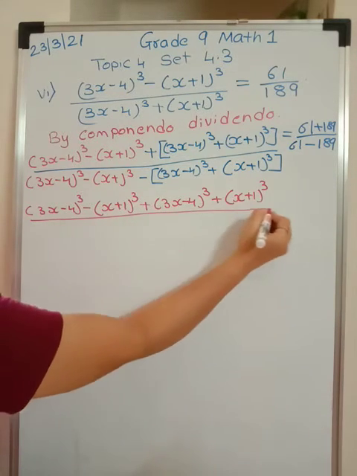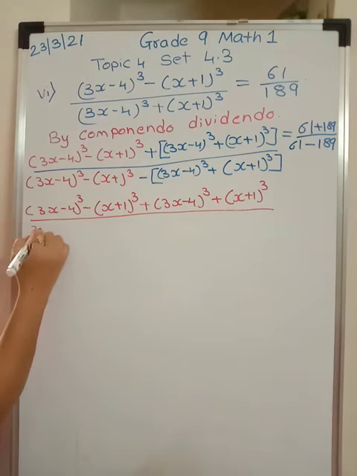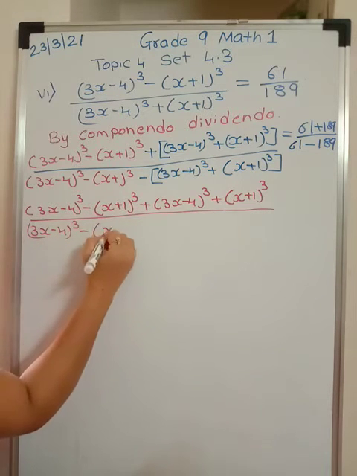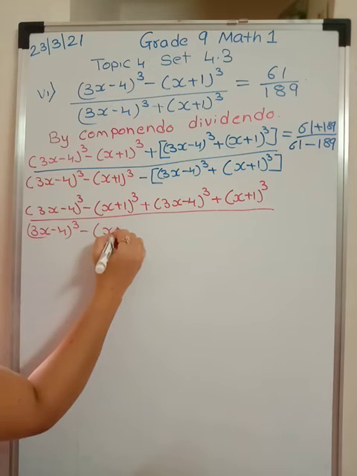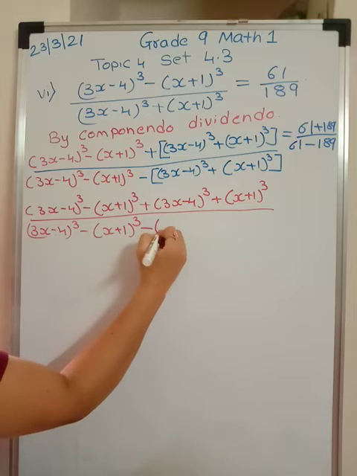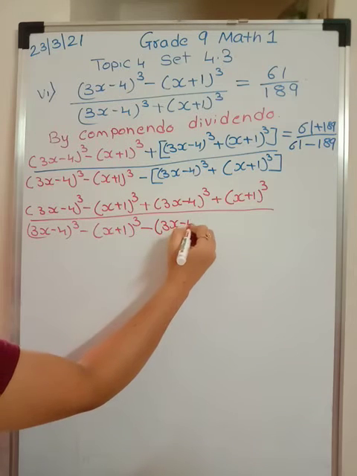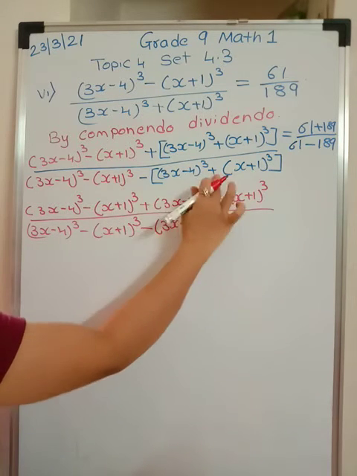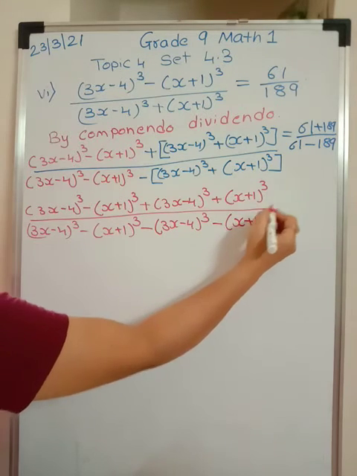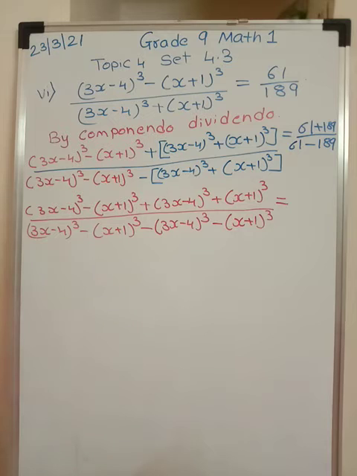Divide by, okay, I have 3x minus 4 the whole cube minus x plus 1 the whole cube. Now the signs will change. We'll have minus 3x minus 4 the whole cube, minus into plus is again minus x plus 1 the whole cube, which is equal to 61 plus 189.